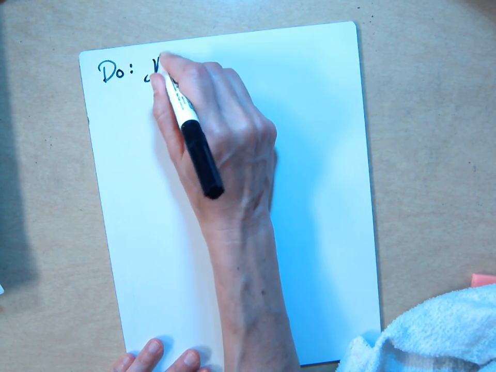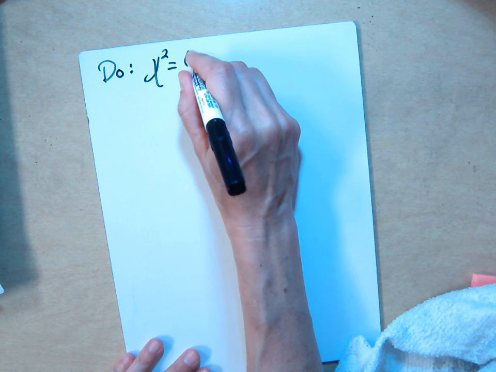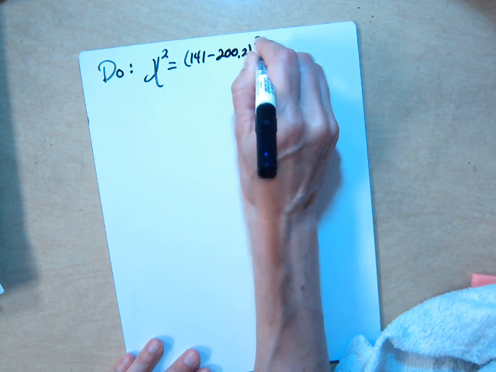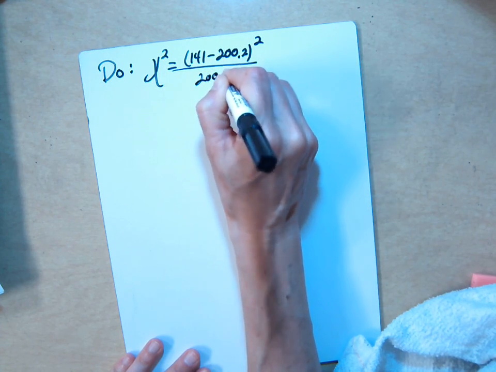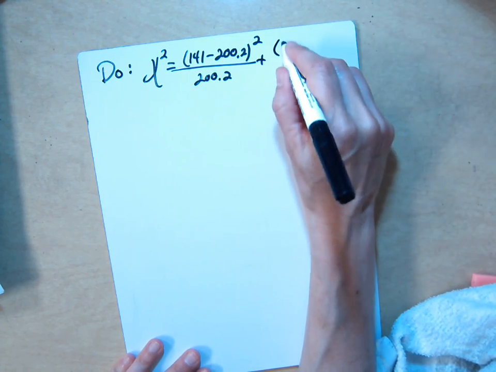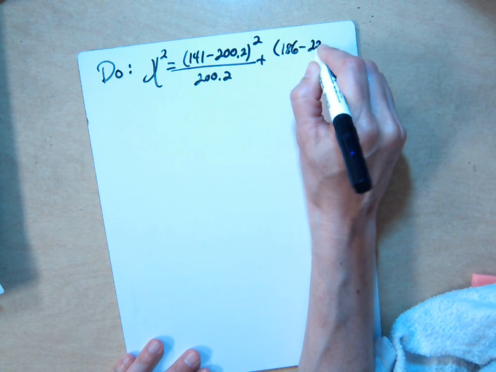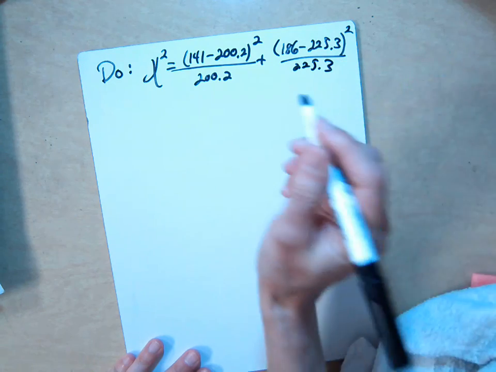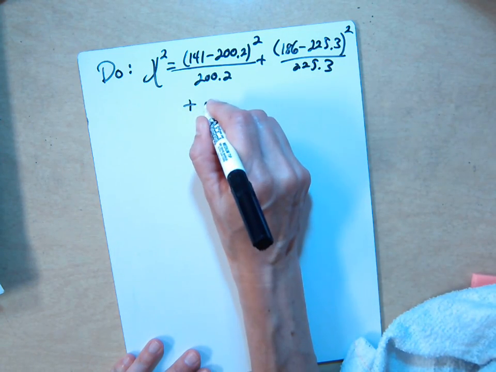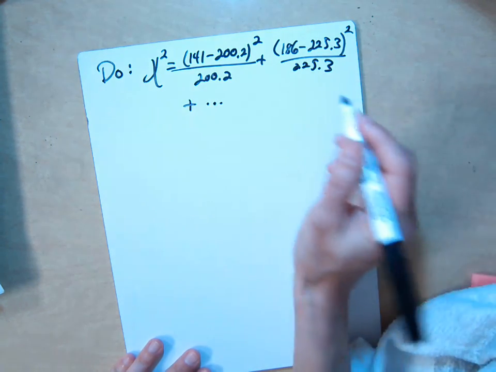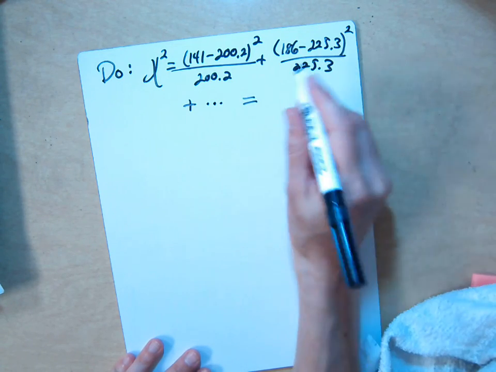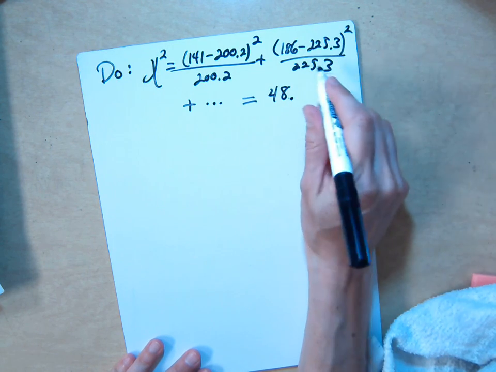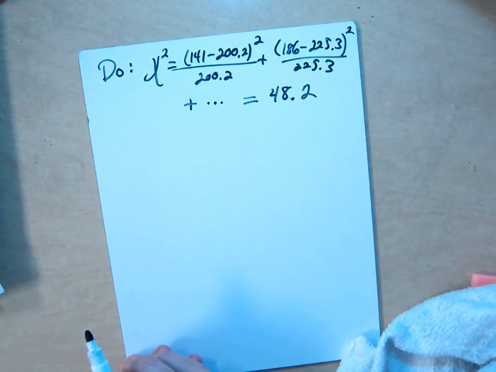So you would literally write it like this: chi-squared equals 141 minus 200.2 squared over 200.2, plus 225.3 minus 225.3 squared over 225.3, and then you're going to say plus dot dot dot, no matter how many categories there are, and then you'll do the rest on your calculator, and you get a large chi-squared test statistic of 48.2.